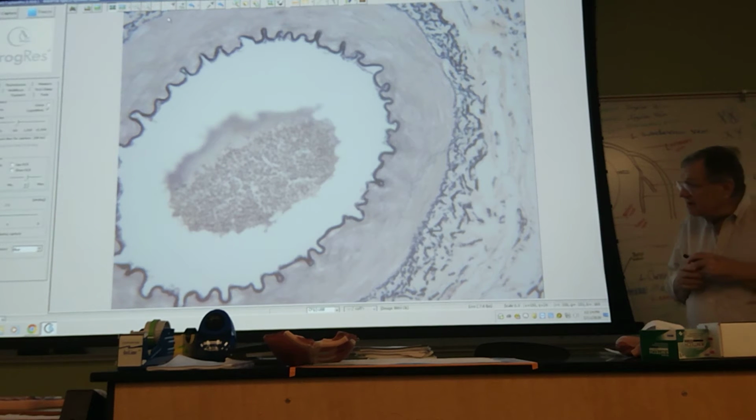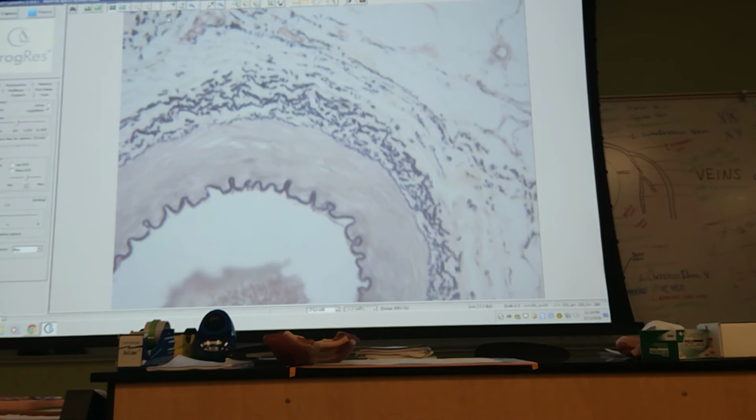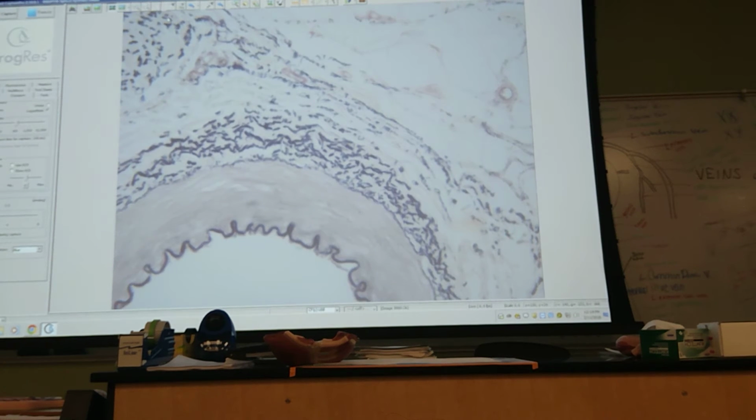And then outside of that, you have all these dark dashes, these are all elastic fibers, okay? Plus all this out here, connective tissue. Here. There.